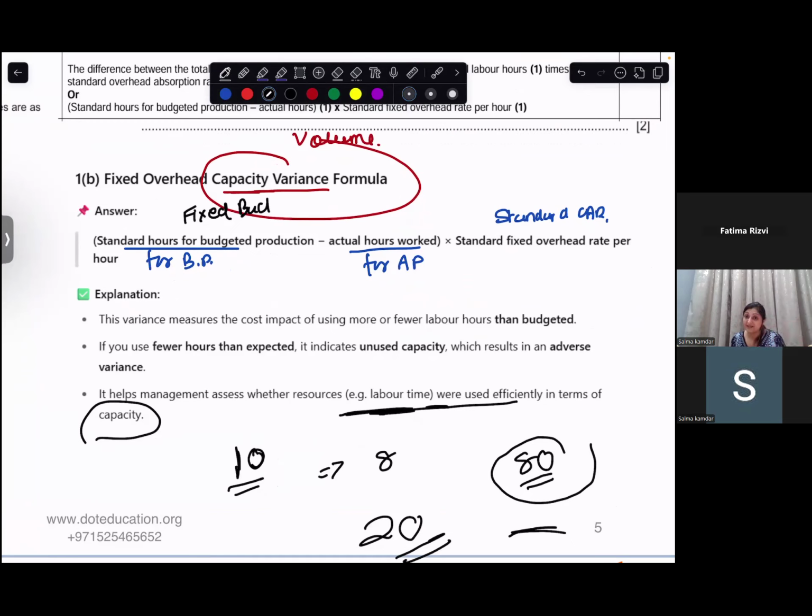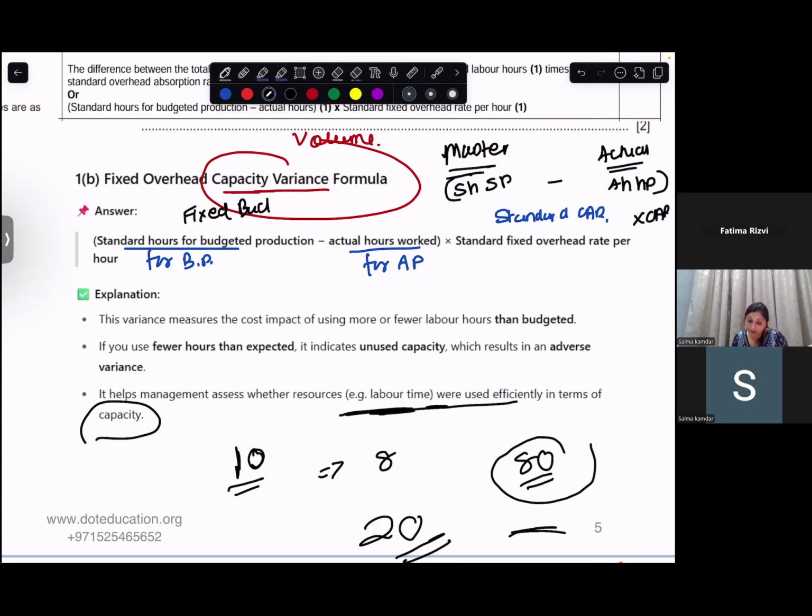Just like the expenditure variance, even in the capacity variance, we are going to compare the master with the actual. So here you'll use standard hours for standard production, and here you have actual hours for actual production. You will take the difference between them, and then multiply with your standard OAR.